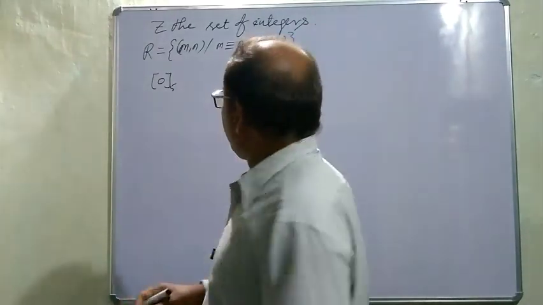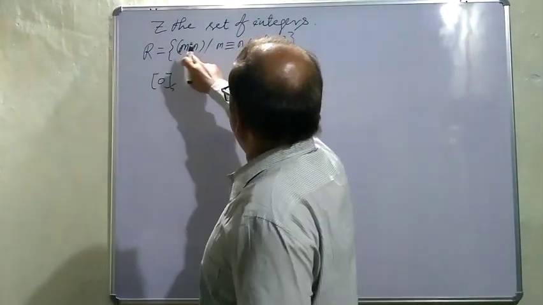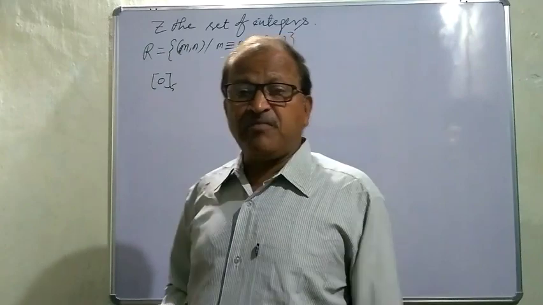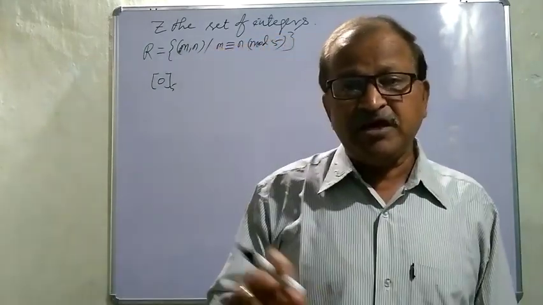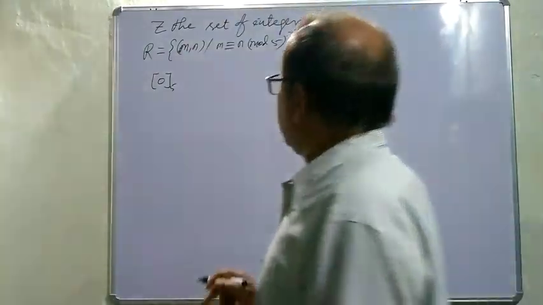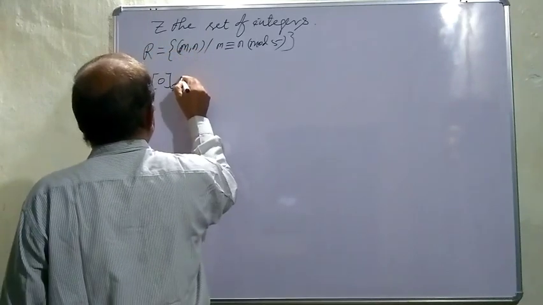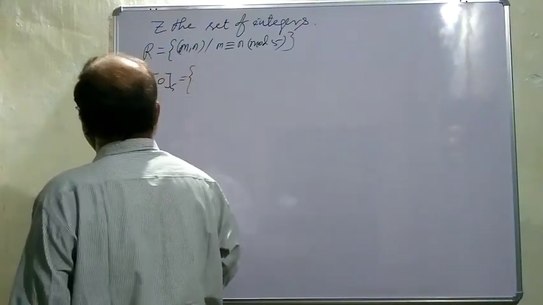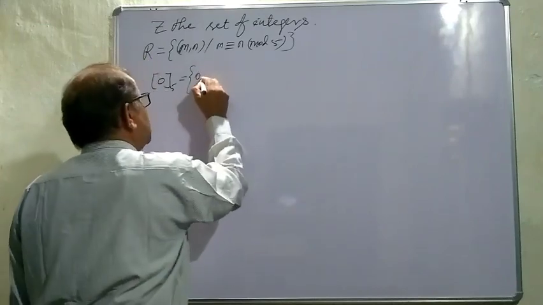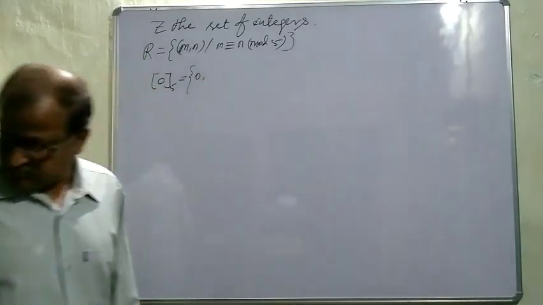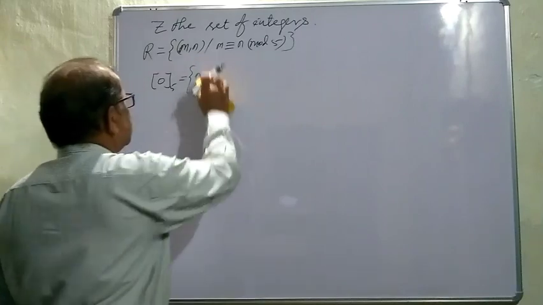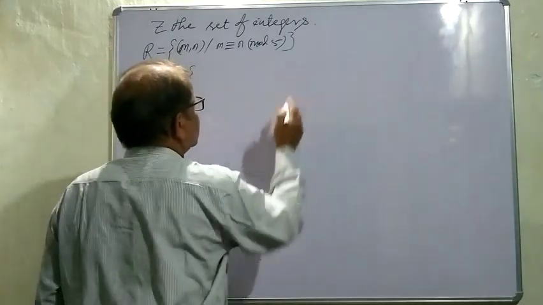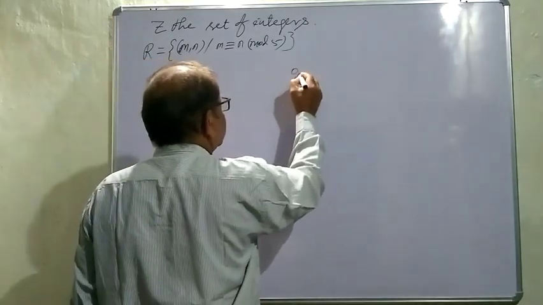That means m will be related to n if m minus n is divisible by 5. Let us find the equivalence class of 0. First, 0 must be there because the relation is reflexive.